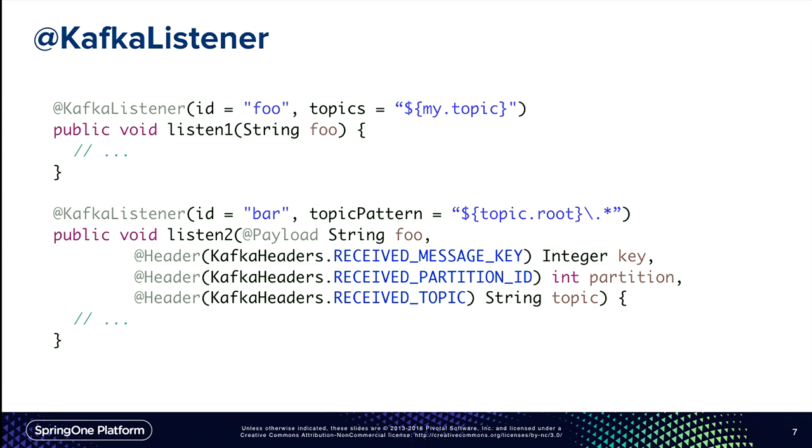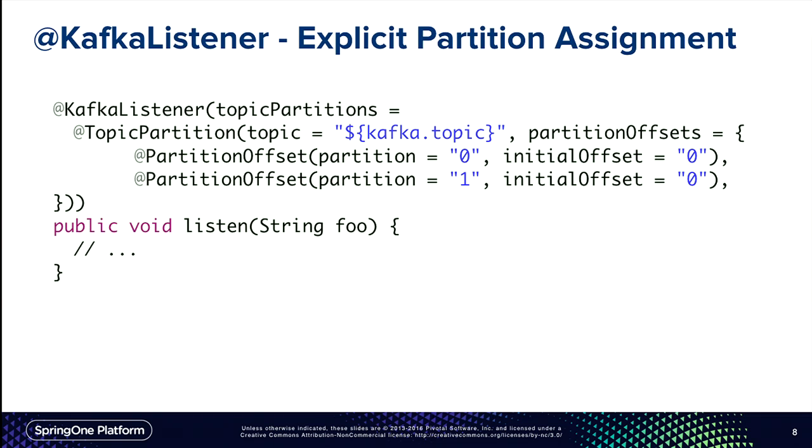If you want to do explicit assignment, you can extend the annotation with these @TopicPartition elements, and you can optionally request the offset to be changed during subscription. So when we subscribe to the topic or a particular partition within the topic, we can reset the offset. So that's the Kafka listener.